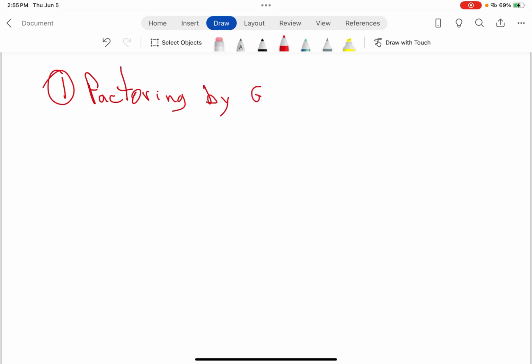I brought an example for you: 6x cubed minus 9x squared plus 12x. This is one of the easier ones.